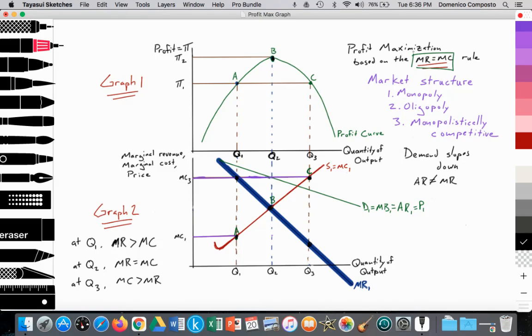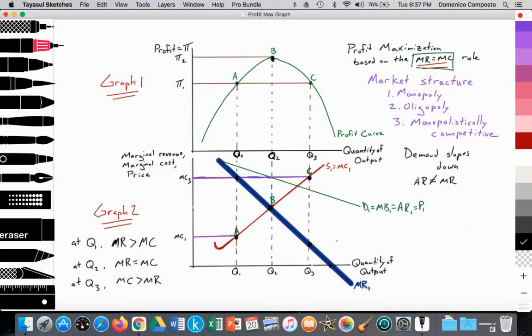So profit maximization is going to be the assumption of firms' objective when we graph the market structures of perfect competition, monopolistic competition, monopoly, and oligopoly. An alternative objective of the firm is revenue maximization, which we've discussed in another video. And the rule for revenue maximization is to produce where MR equals 0, because that's where the total revenue function is at maximum.